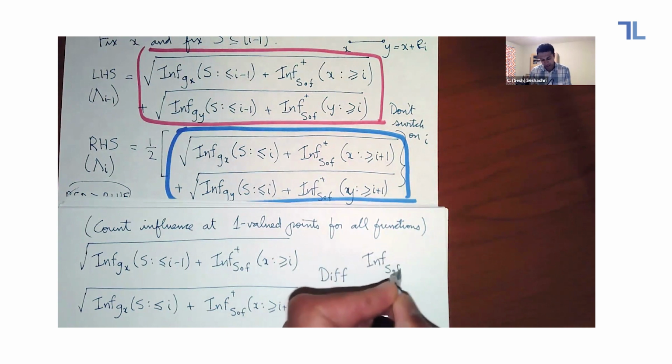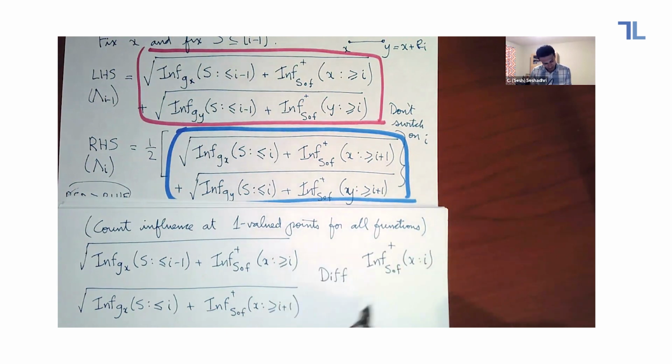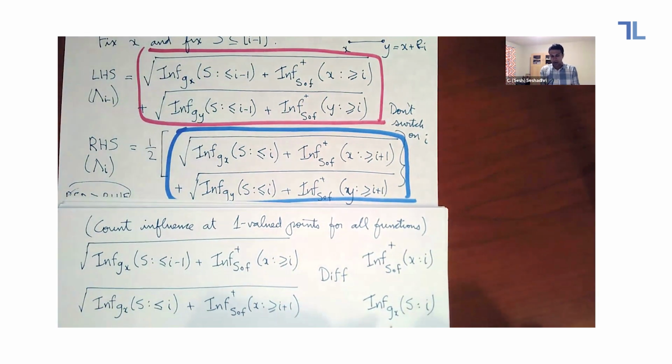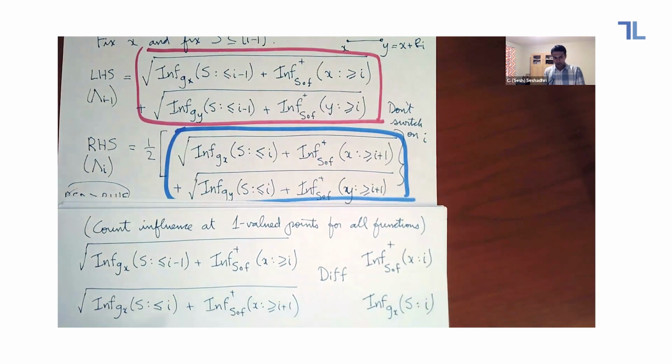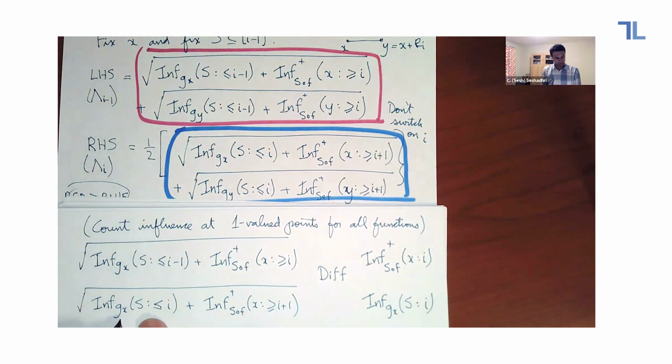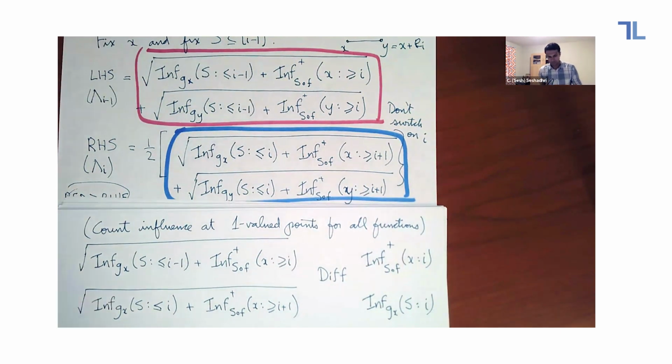Let me only look at the ith coordinate. And over here, I'm counting the ith coordinate as part of the first term. So the ith coordinate is different. Every other coordinate is counted exactly the same. So is this clear?